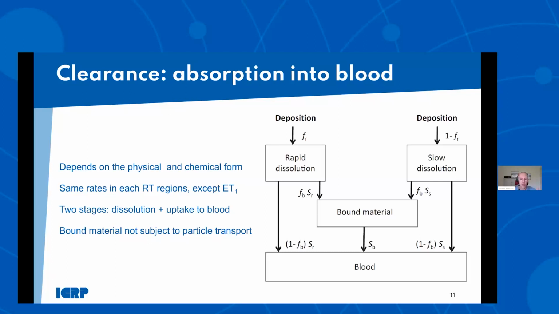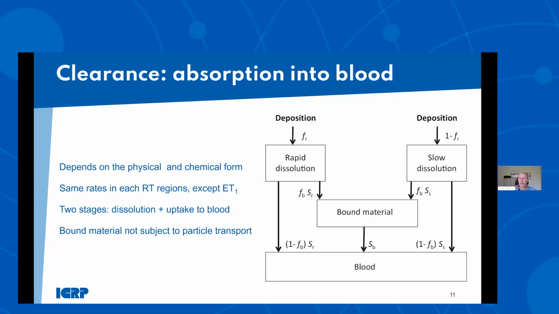In most cases, 2 compartments are sufficient, where you have a fraction which dissolves rapidly, and the remaining dissolves slowly at the rate SS. The uptake is then considered practically instantaneous, or at least much faster than the dissolution.